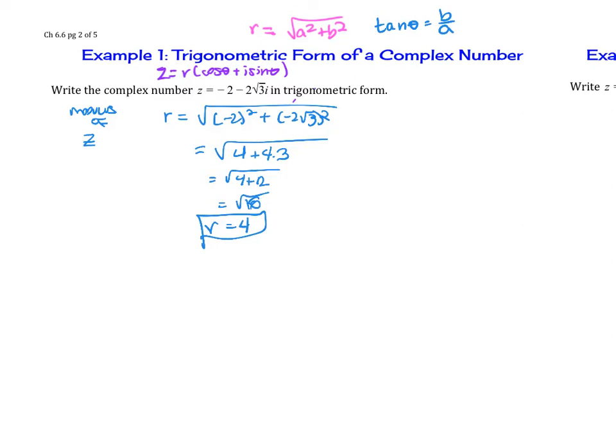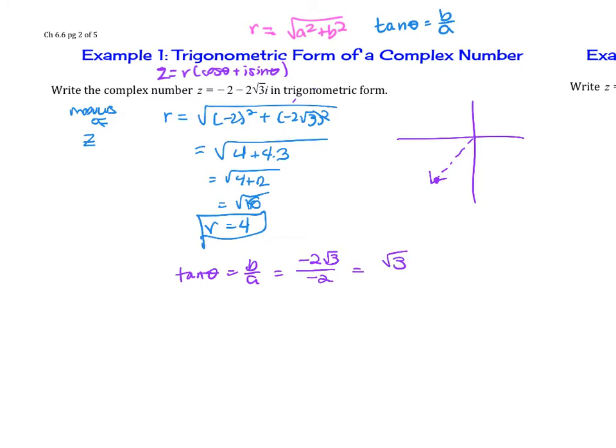So let's graph this first. -2 minus 2 root 3, that is left 2, down 2 root 3, so we are here. And so we want to find theta. To do that, we remember that tangent of theta equals b over a. So b is -2 root 3 over -2, or it is just positive square root of 3.